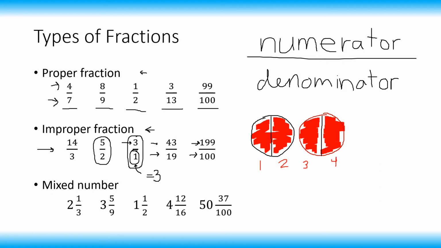So we have to draw in one more pizza, and we cut it in 2 because we're dealing with halves. And we color in just one more because we need 5 halves in total. So we color in this half here, and this tells us that we've got our 5 halves of the pizza.